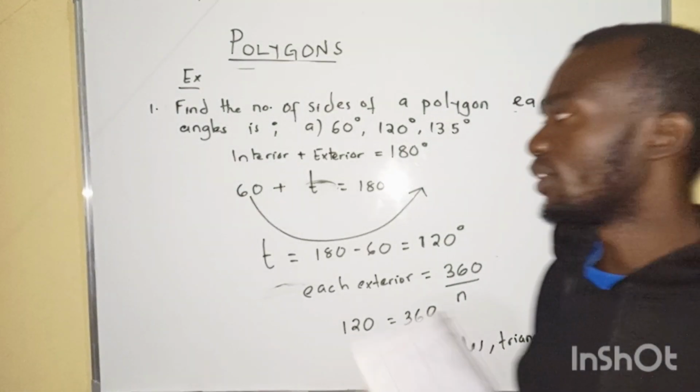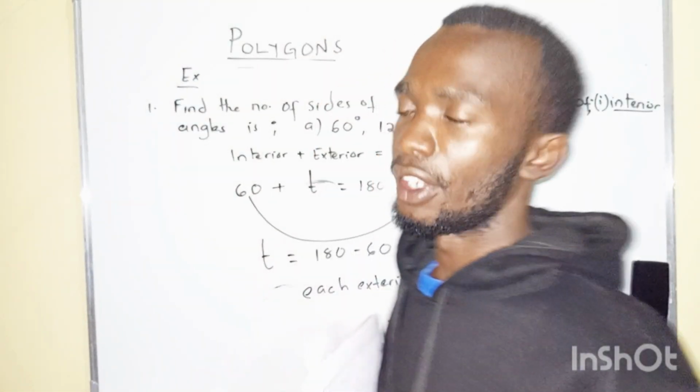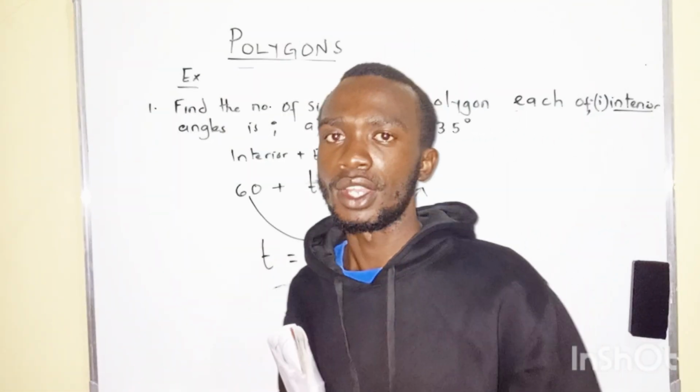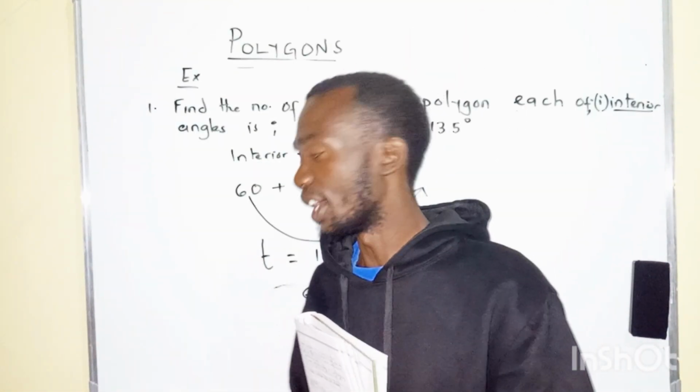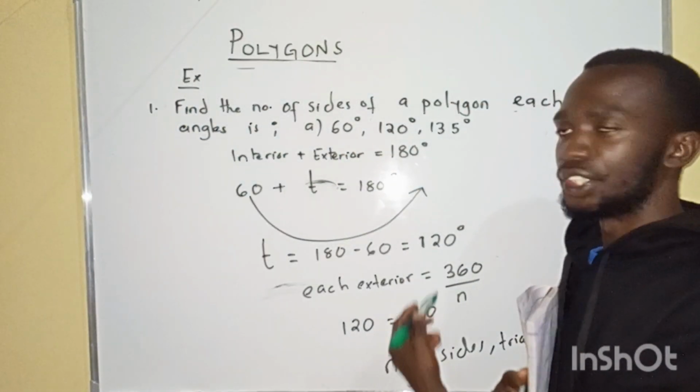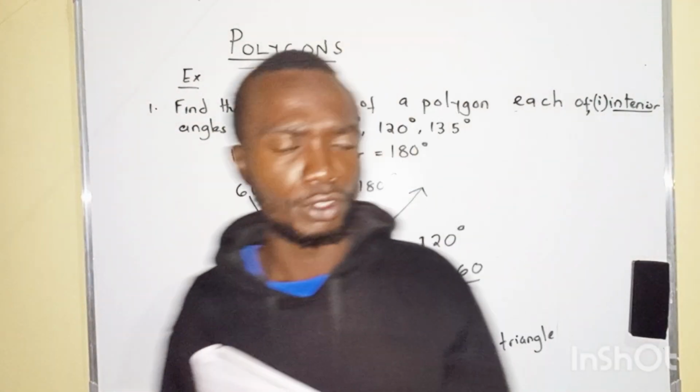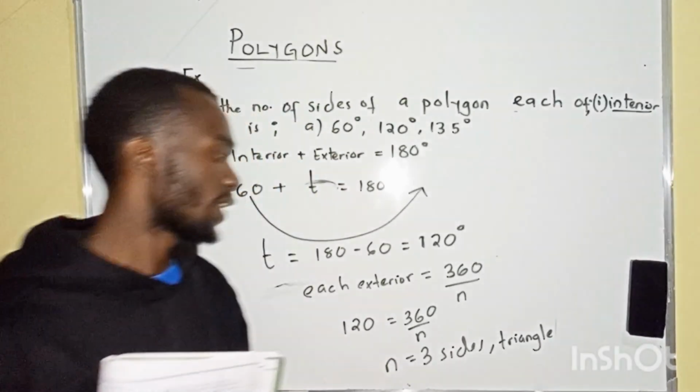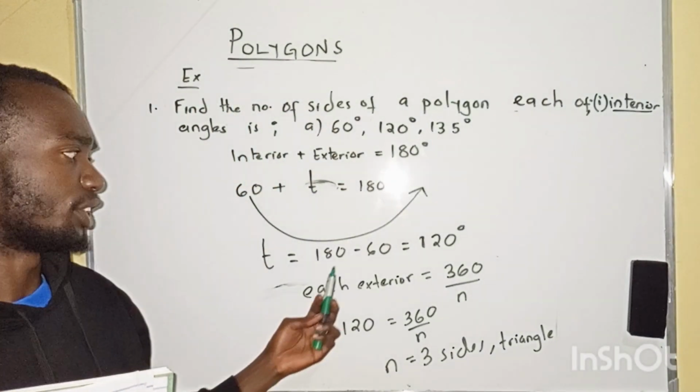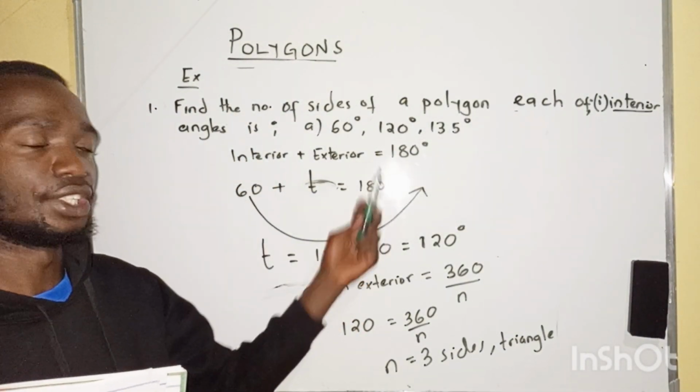So an interior angle is 60 degrees and it is a regular polygon. It gives us an exterior angle of 120 degrees when you apply the formula interior plus exterior is equal to 180 degrees.